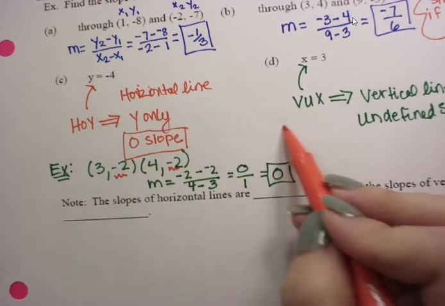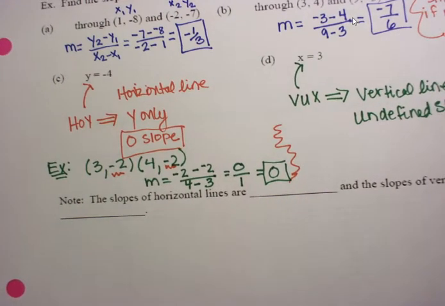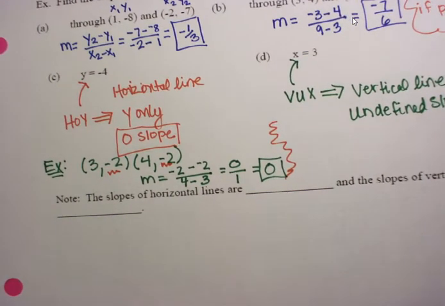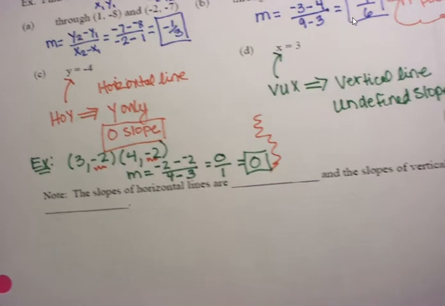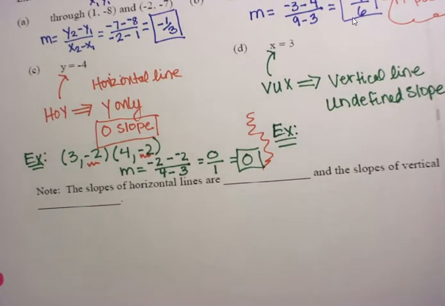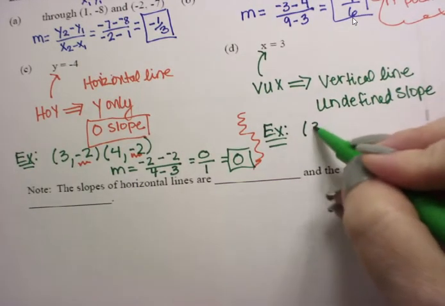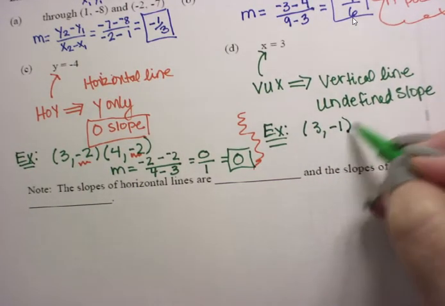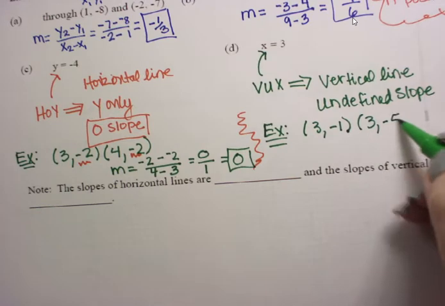All right, now let's look at a situation that they might give you for a vertical line. An example, they may give you 2 points such as 3, -1 and 3, -5.